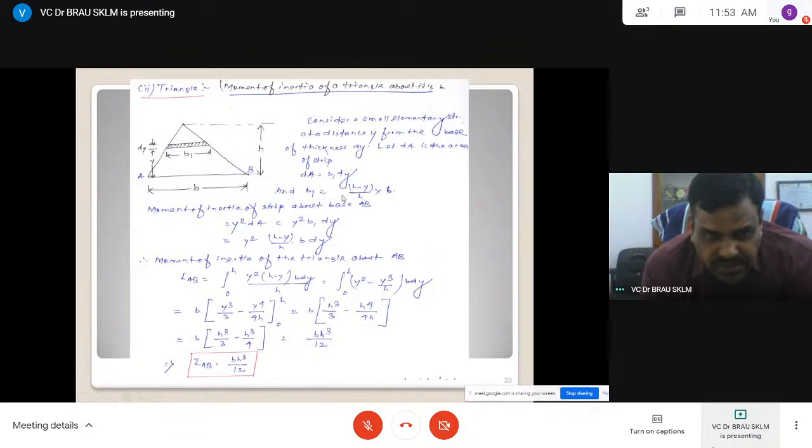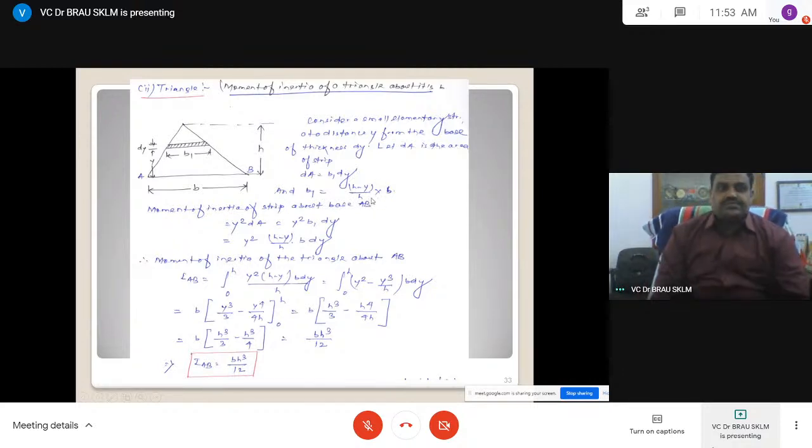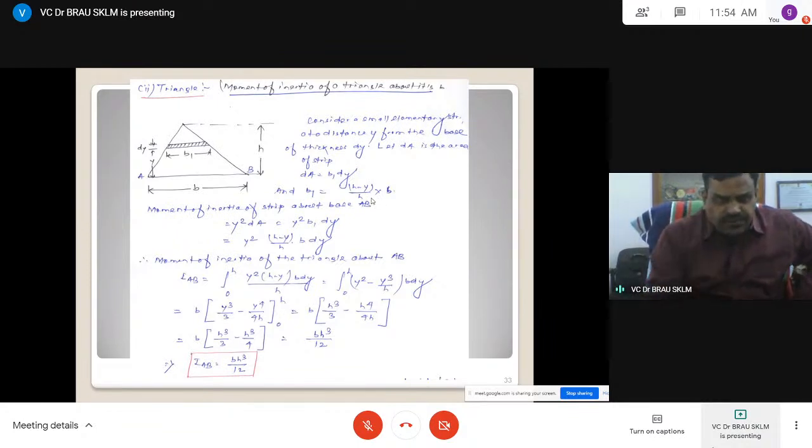The base b1 is found by the similar triangle technique: for h height, b is the base; for h minus y, what is the value?